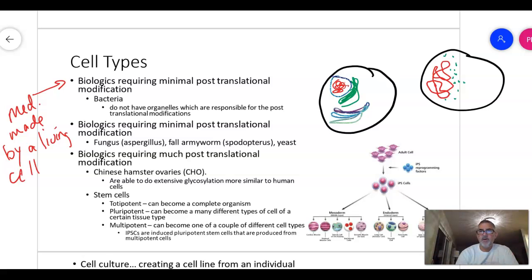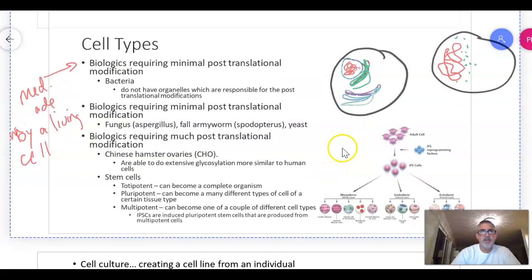I have all my ribosomes on my endoplasmic reticulum. I'll make my proteins on the ER, or the rough ER, and then I'll send it to the Golgi, and it'll be modified further. So in eukaryotic cells, I have all this chance for modification.